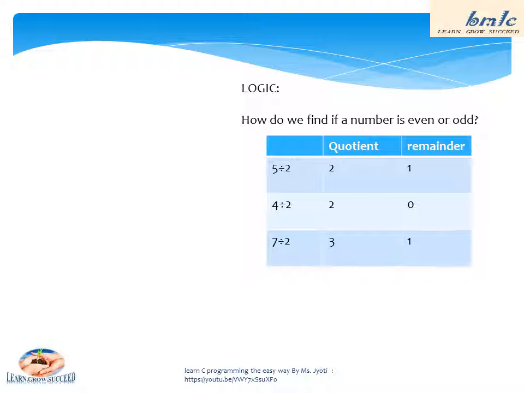So we say if a number is completely divisible by 2, it is even. By that we mean if the remainder is 0, it is even. The operator used to find the remainder is the % symbol, right?